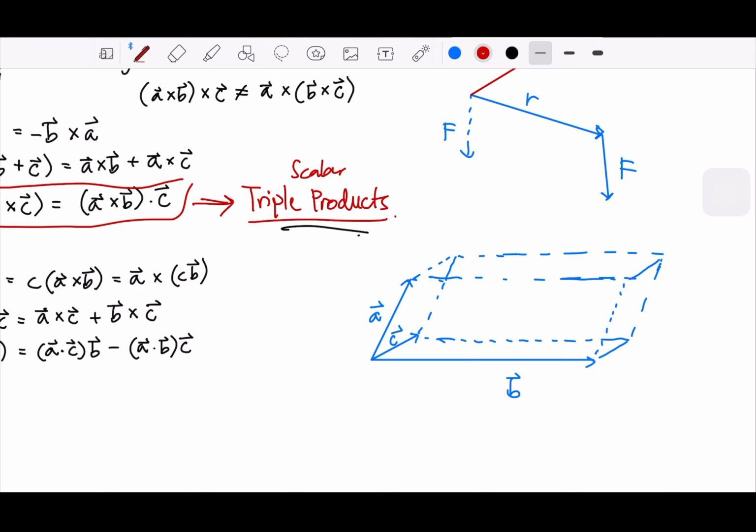Now if we cross B to C, B cross C, so it's going up. B cross C is here, so let's draw. Maybe moving a little bit here.